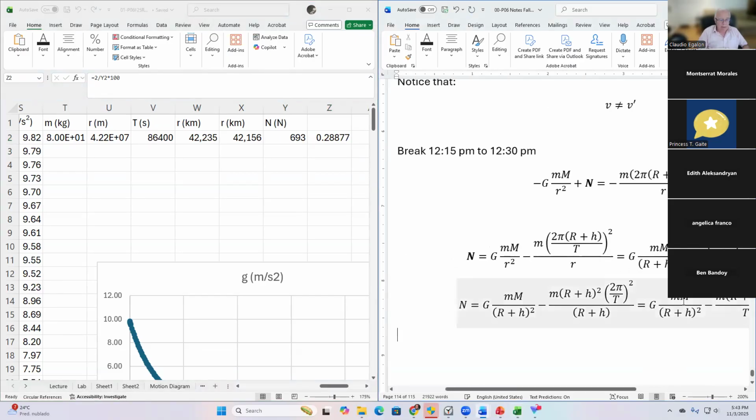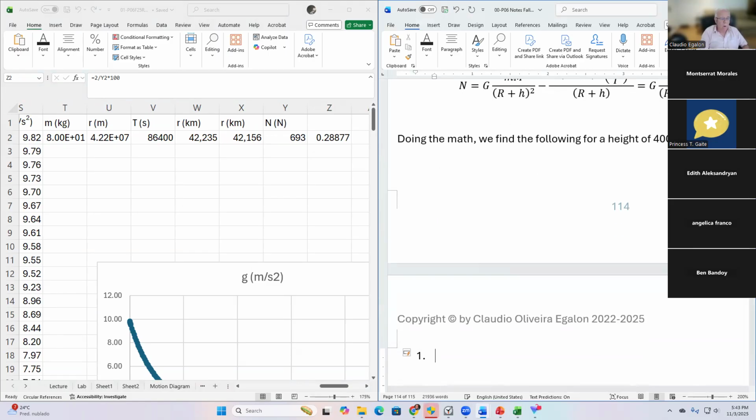Doing the math, we find the following for a height of 400 kilometers.